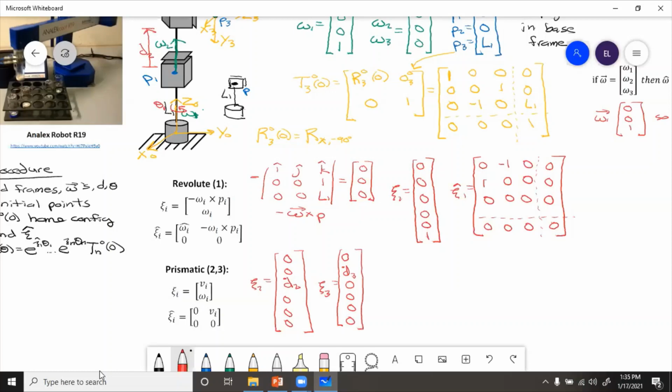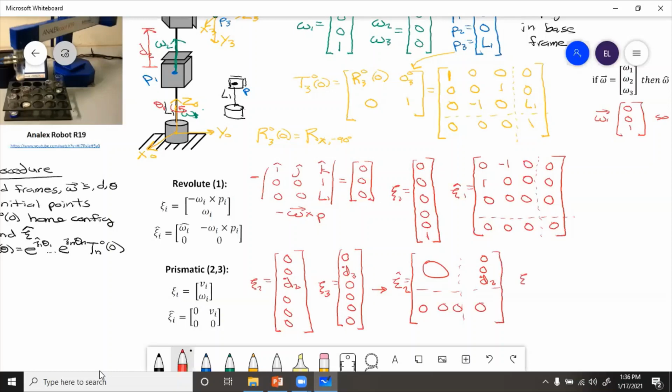So now to get psi hat for each of those, then it will have basically zeros. So let's say this is a 3 by 3 0. 0, 0, 0, 0. And then the velocity, which for 2 is just going to be 0, 0, D2 dot.